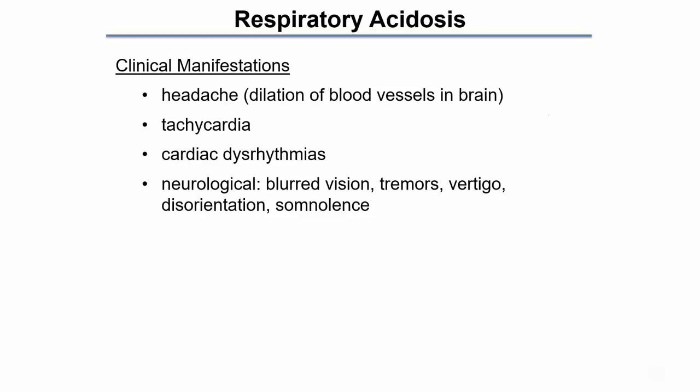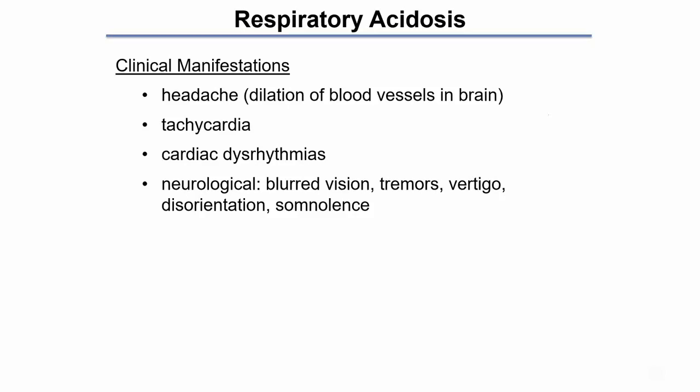And that itself can lead to CNS manifestations such as headaches. It can cause somnolence, confusion, eventually papilledema, as the intracranial pressure will also rise. Various cardiac dysrhythmias or arrhythmias can develop as well.